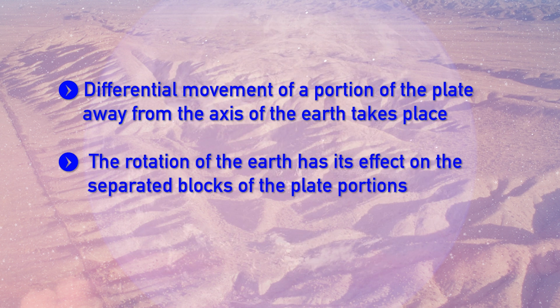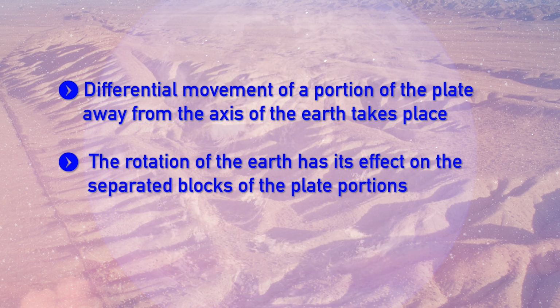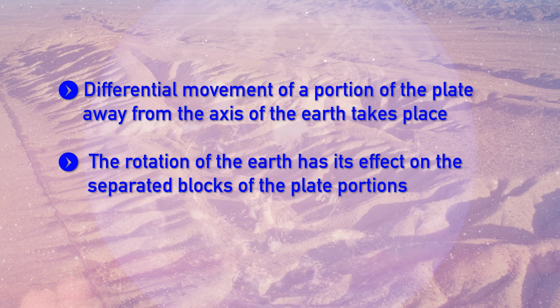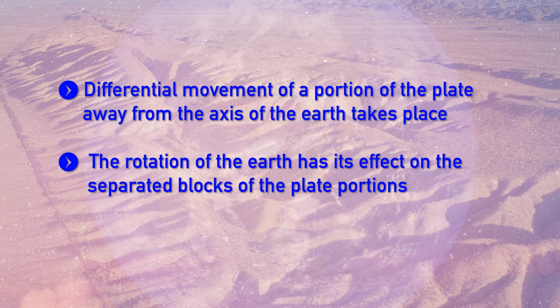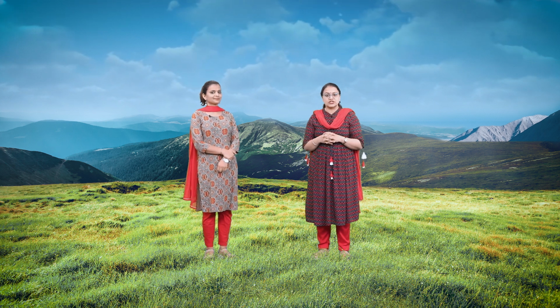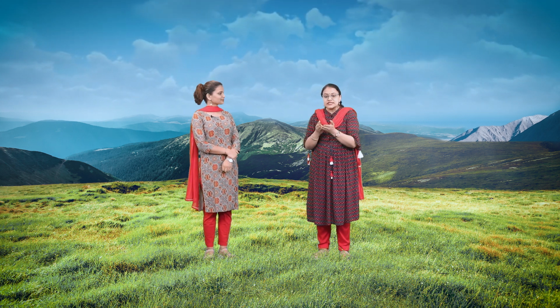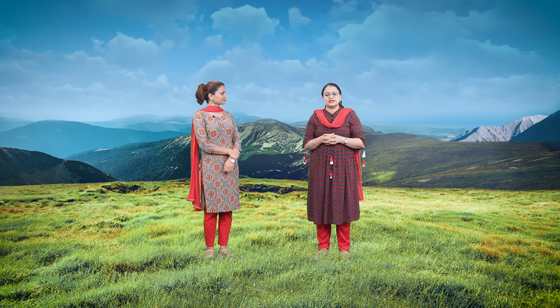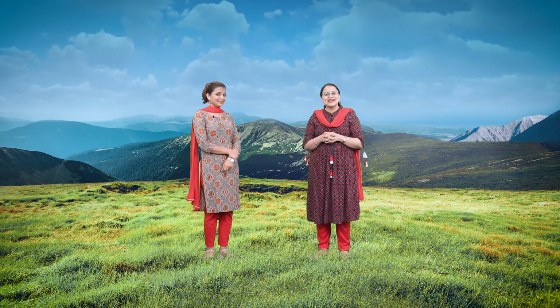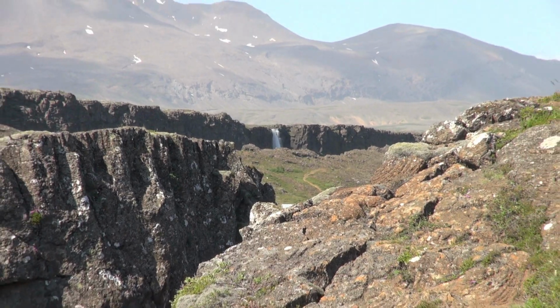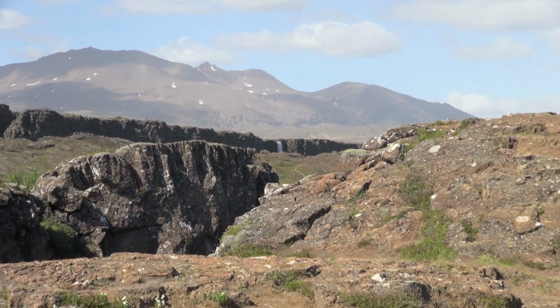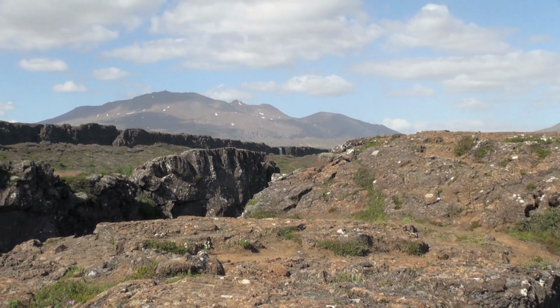Also, the rotation of the Earth has its effect on the separated blocks of the plate portions. In these two situations, plates slide past each other. That sounds interesting. Yes. This ends our discussion on plates, plate margins, and their characteristics.